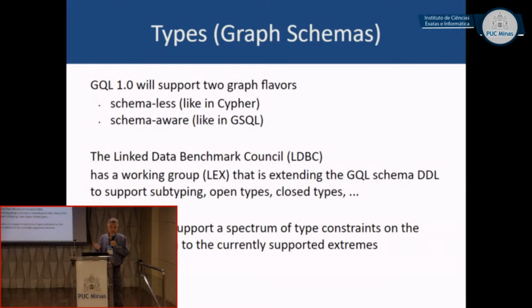Or closed types, where you say, no, it's either one of the attributes listed here or you have a type error. And then you can organize these in subtyping hierarchies in object-oriented fashion. The vision being to support not just the two extremes, schema-less and schema-aware, that are currently coming out, but an entire spectrum in between.